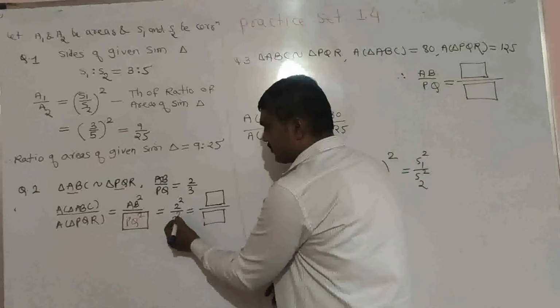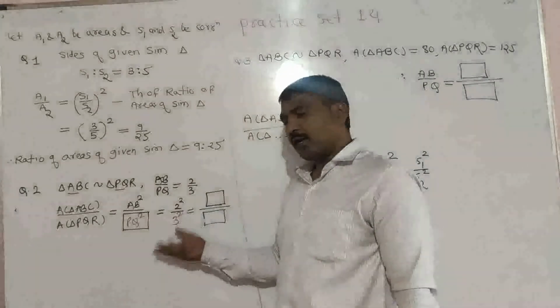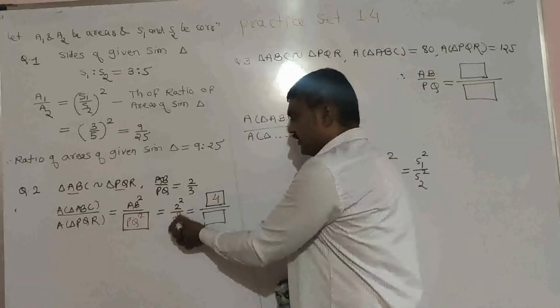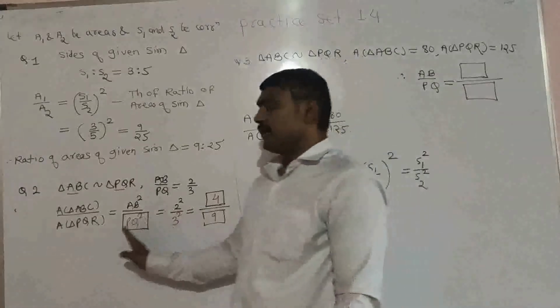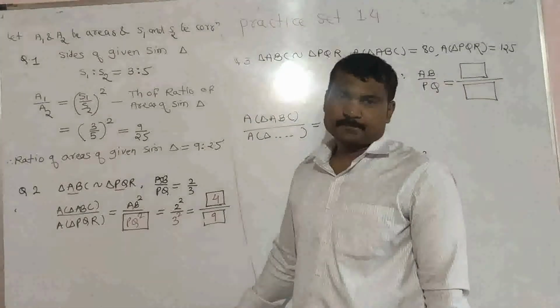Value of PQ is 3, so there is 3 square. Now solve. 2 square is 4, 3 square is 9. It is very simple. Just 3 brackets are to be filled here.